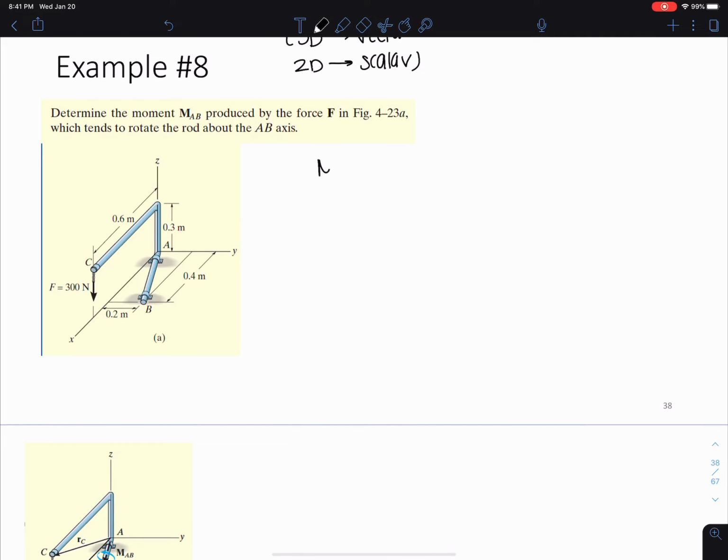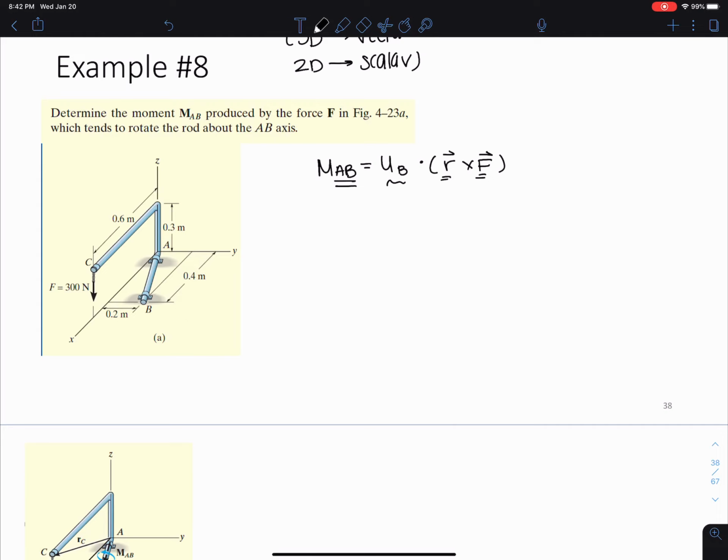So we're going to use the concept MAB is equal to the unit vector in the B direction dot R vector cross F vector, right? So this is how we can get the moment about another axis of rotation using the cross product of the force and the position vector and the unit vector at that point.